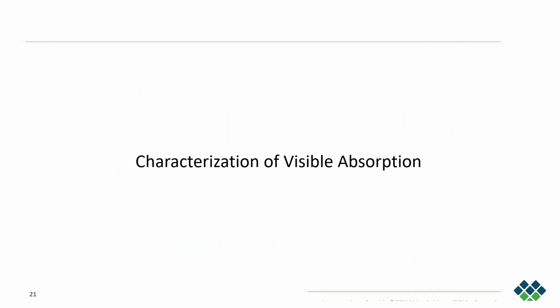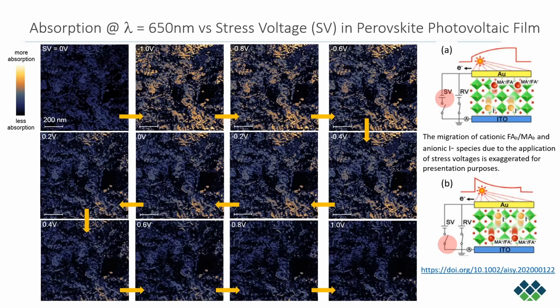And then what we can close with is an example of visible absorption. We've talked about IR absorption to do chemical mapping, but in this case, it's a perovskite photovoltaic film, where by applying a bias, you can actually change the absorption profile of the film.